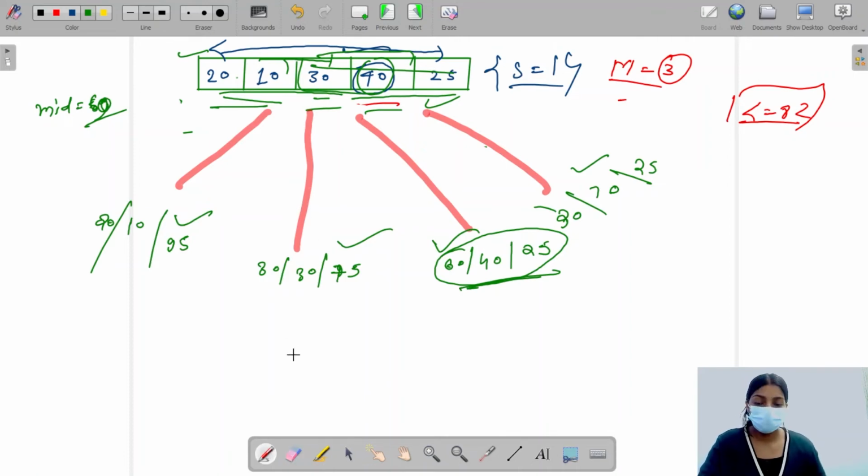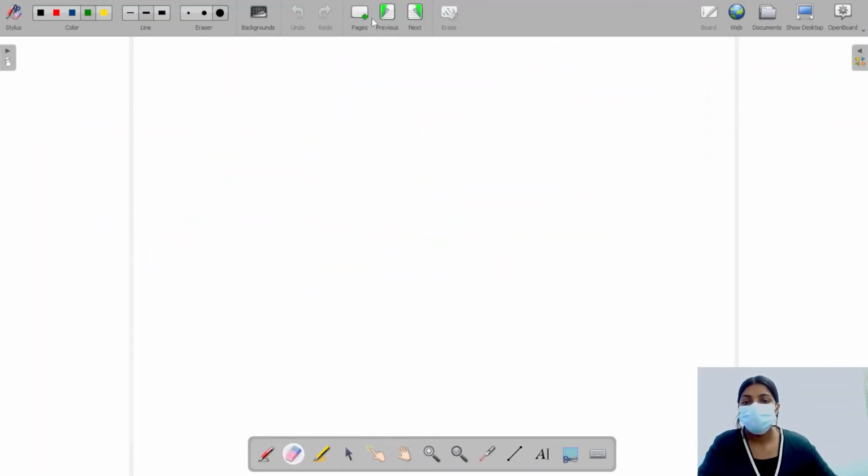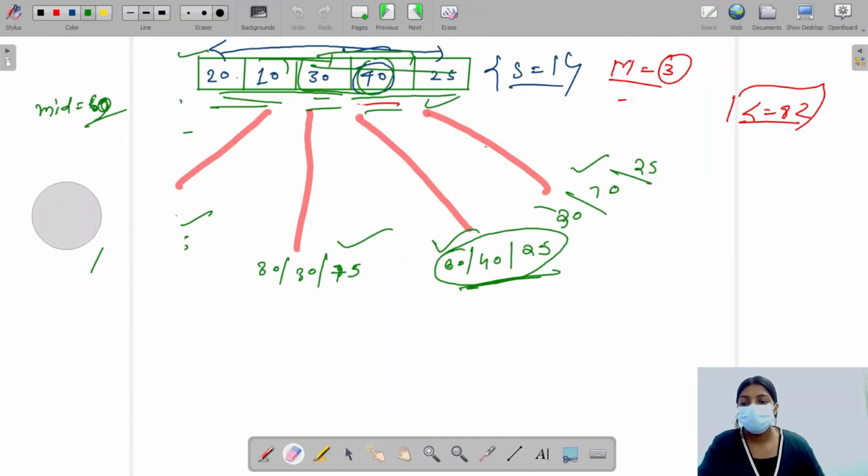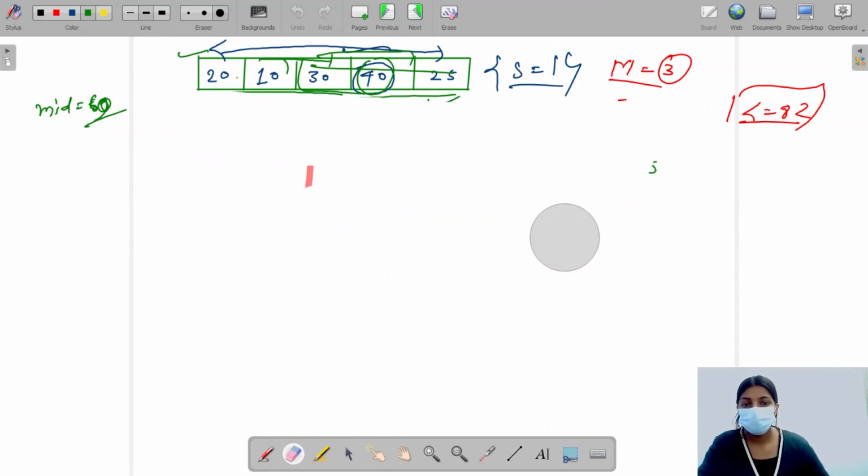Now the main thing that you have to understand here is that we just have to set a range between the low and the high.